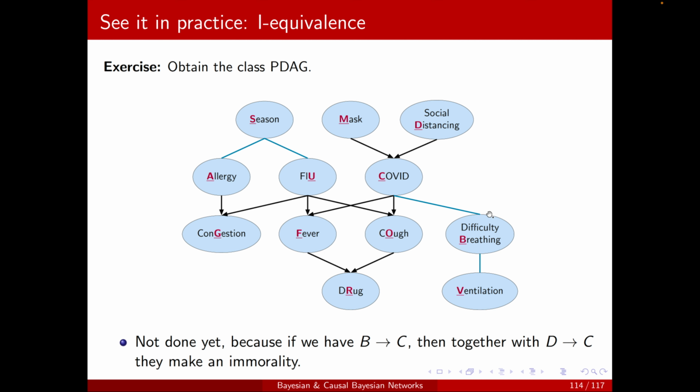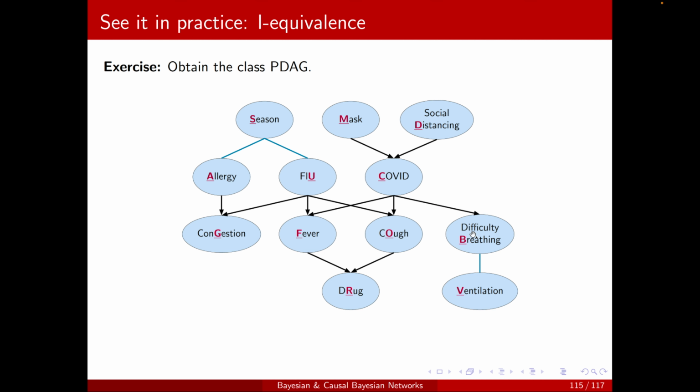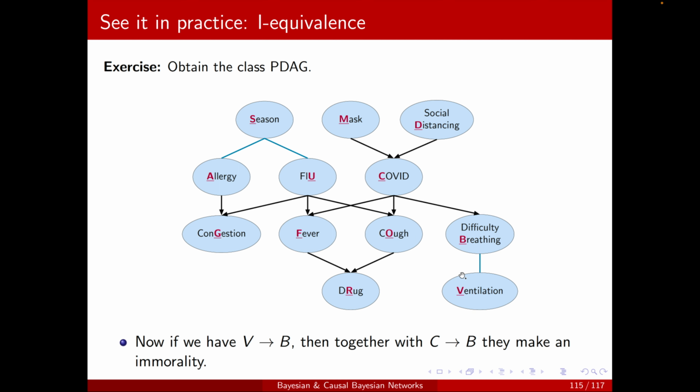So I shouldn't do this, therefore C should definitely be linked to B. What about now? Am I done? Well, no, same story. V cannot be linked to B because then VBC will be an immorality. So I should have the direction from B to V.